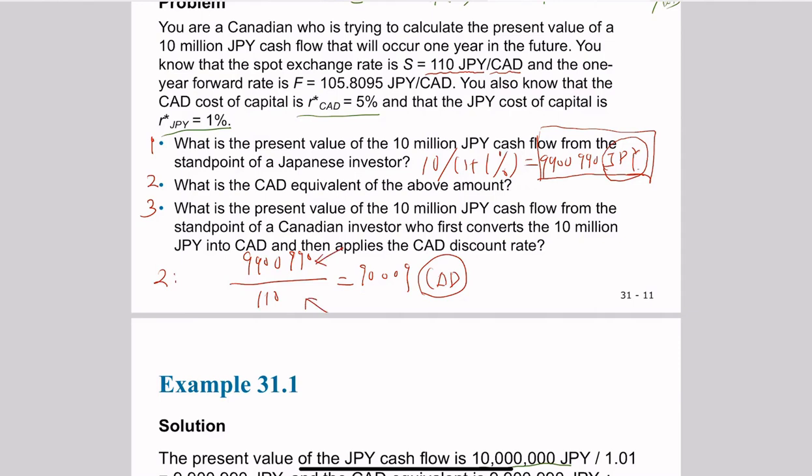Okay, the third one. What is the present value of the 10 million JPY cash flow from the perspective of a Canadian investor who first converts the 10 million JPY into CAD and then applies the CAD discount rate? So first you have to convert the cash flow, which should be 10 million divided by the forward rate.